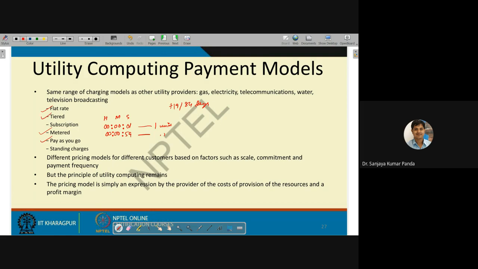Like we have seen different architectures having tiered architecture, tier 1, tier 2, tier 3. Just like you can say a 1 GB plan is one tier, a 1.5 GB plan is one tier, 2 GB is another tier, and 3 GB is another tier. So the user has to choose one tier based upon its use, right? That type of pricing scheme is called a tiered payment model.